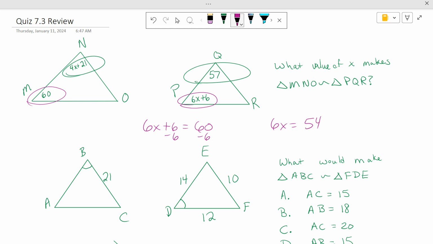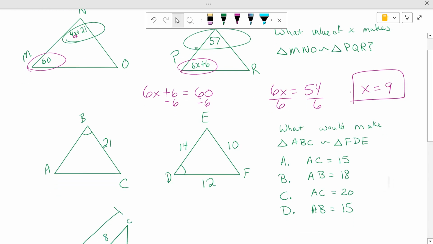Then I divide by 6. X equals 9. Okay, let's make sure that works. If I put a 9 in for x, what's 4 times 9? 36. 36 plus 21 is 57. Does that work? Yes. X equals 9 makes these two triangles similar to each other.